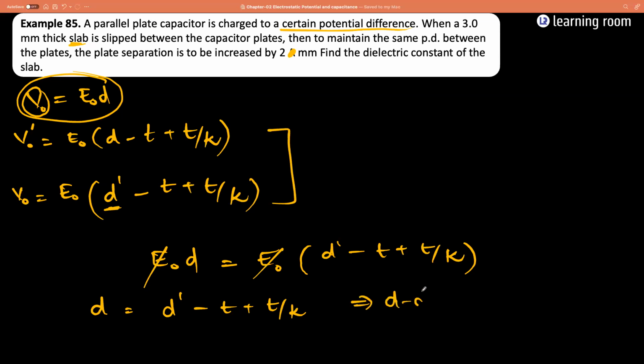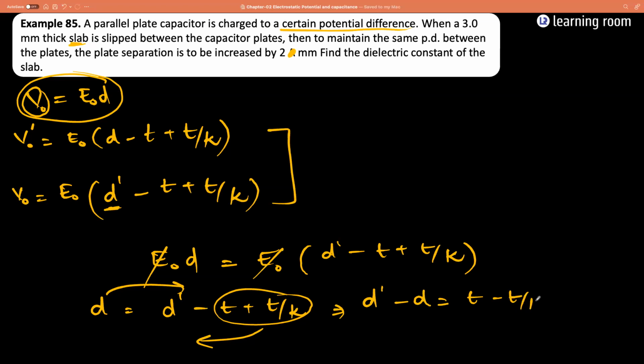So this implies D minus D dash is equal to T by kappa minus T. The separation between the plates is increased by 2. Okay, I'll do one thing. I'll take this D to the other side, this whole thing to the left-hand side. So D dash minus D is equal to T minus T by kappa. So what is D dash minus D? It is going to be 2.